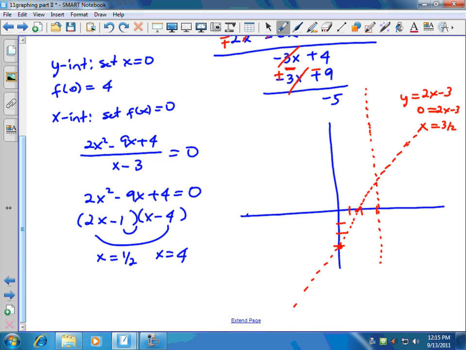And then we know the graph should cross the y-axis. This is the y-intercept. When x is 0, y is 4. And we know it should cross the x-axis at 0.5 and 4.